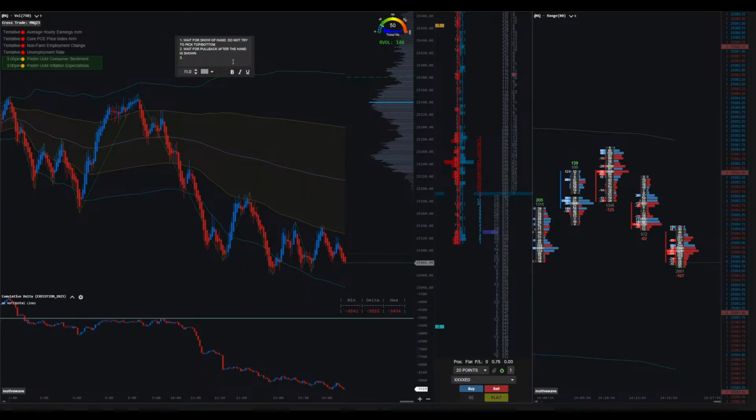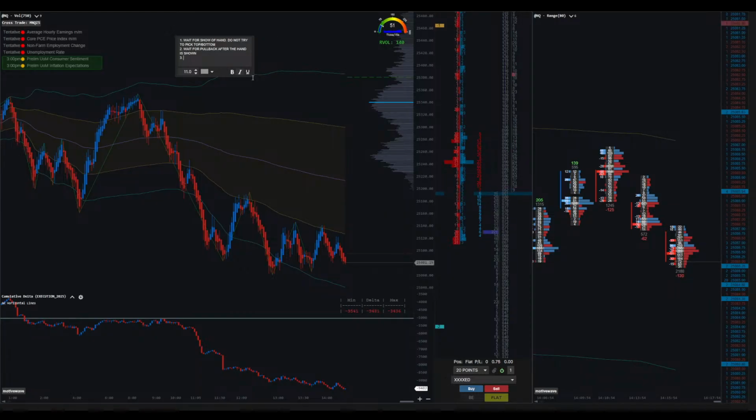Perfect. So, show of hand, pull back, read what's happening intraday. Yesterday was a trend day. Does that mean that today is gonna be a trend day? No. Does that mean it's gonna be rotational?